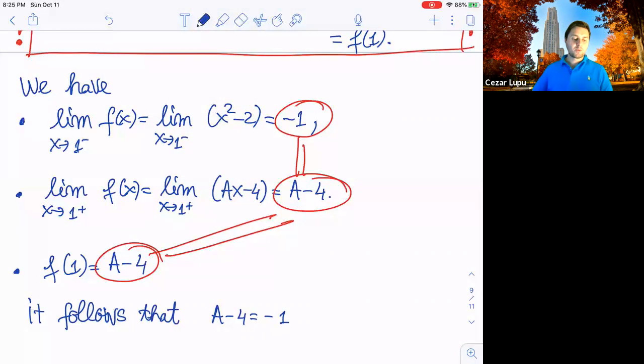From here, it's quite clear that a is 3. And that's it. Only for a equals 3 is my function continuous at 1. And so this is how we solve the problem.